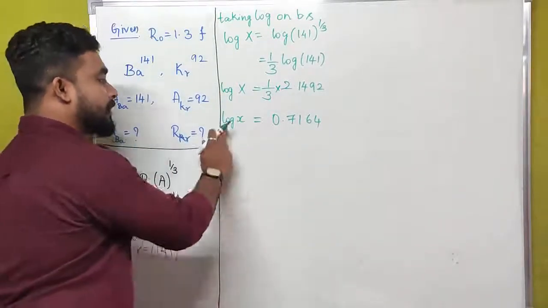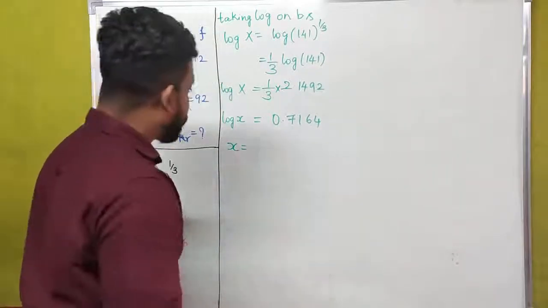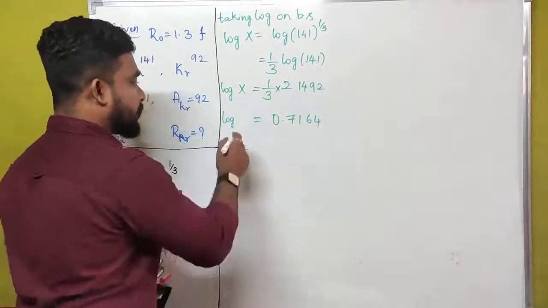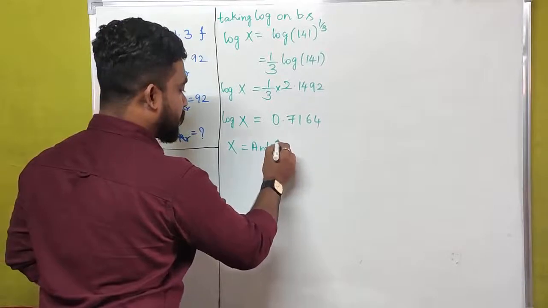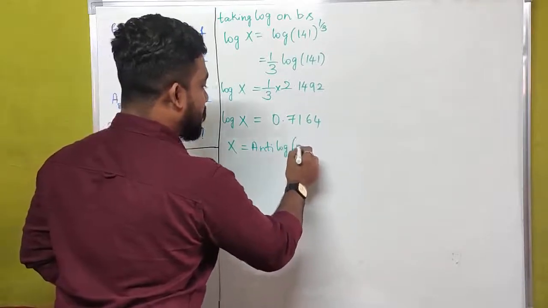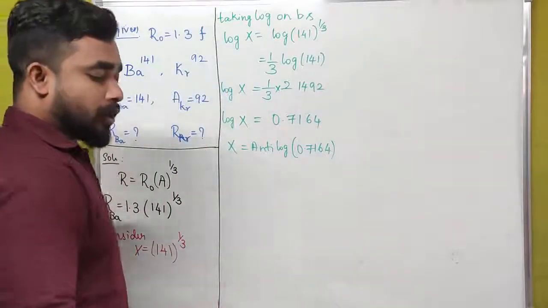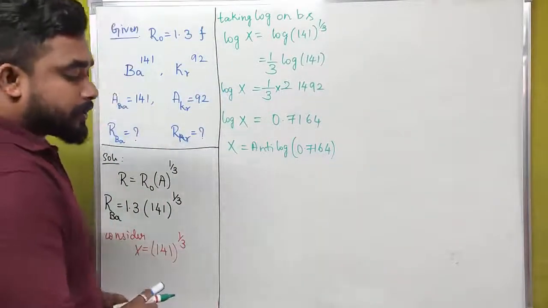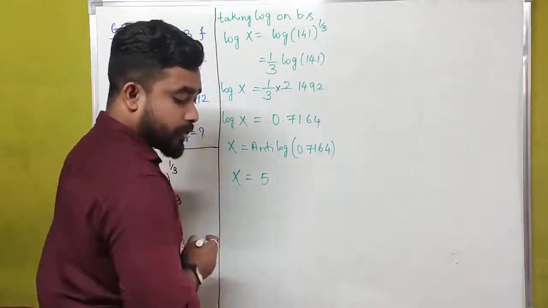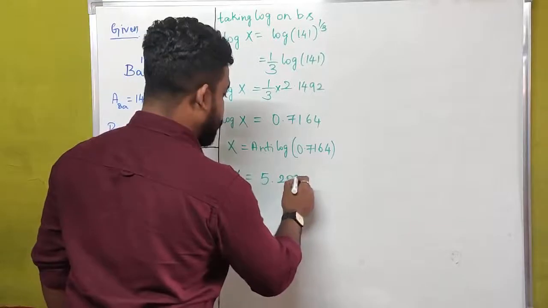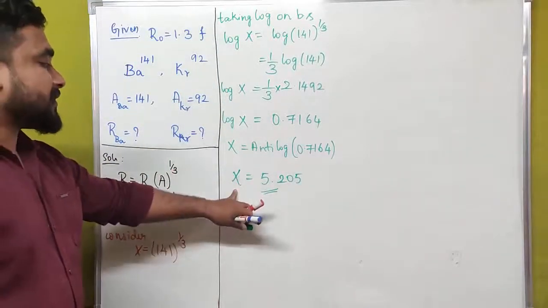Next, if we send this log to the other side of the equation, what will it become? x is equal to anti-log of 0.7164. Anti-log of 0.7164, that is x is equal to 5.205.